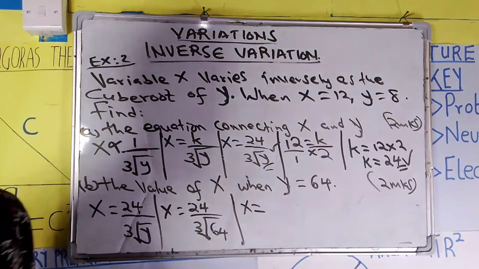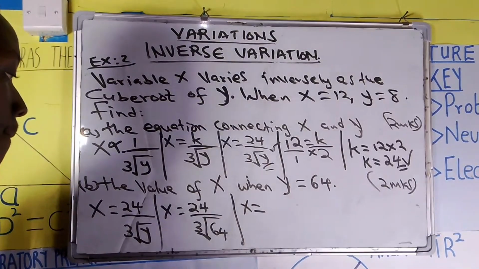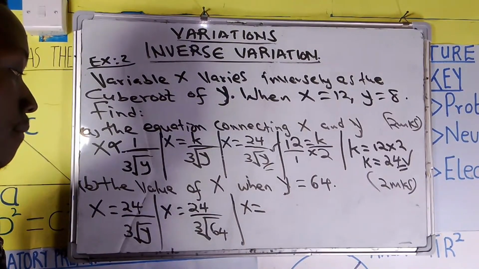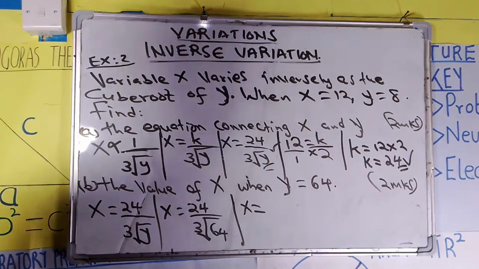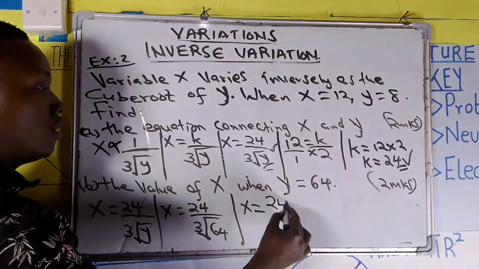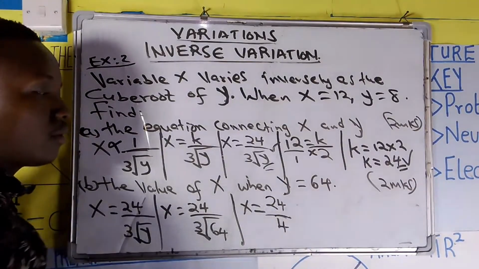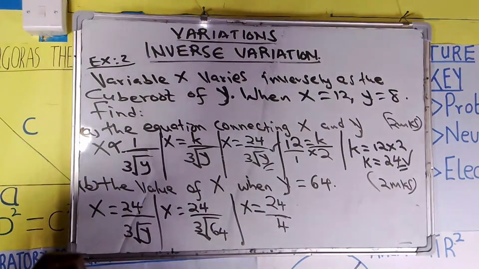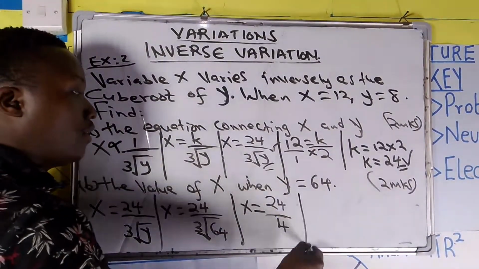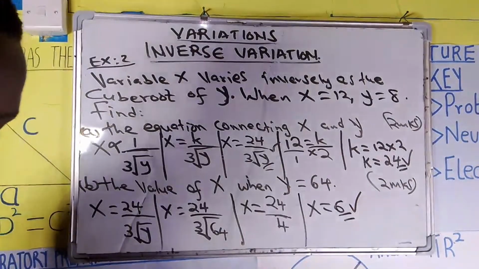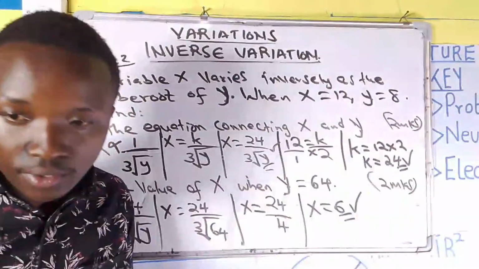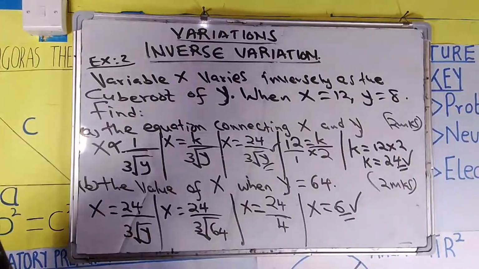The cube root of 64 is 4. So you are going to take 24 divided by 4 and you will get your x as 6.